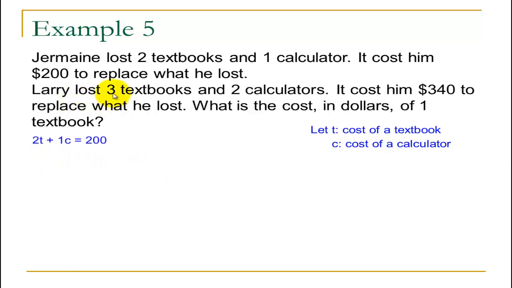For Larry, he lost 3t plus 2c and it cost him $340. Since we would like to solve for the cost of the textbook, we are going to eliminate variable c. We can use either elimination or substitution for this problem. So let's use substitution to solve example number 5.